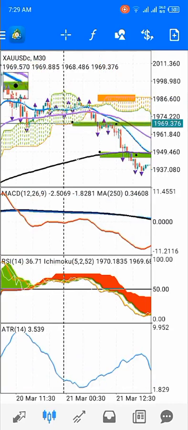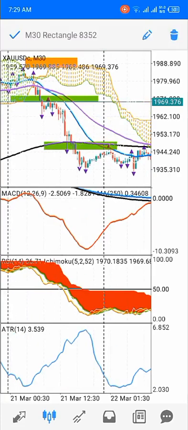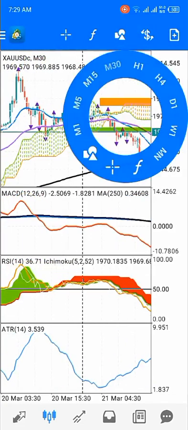In a sell or short situation, stop loss will be above the cloud. In a long or buying situation, stop loss will be below the cloud. So we are shorting XAUUSD, shorting gold. So stop loss will be above the cloud.